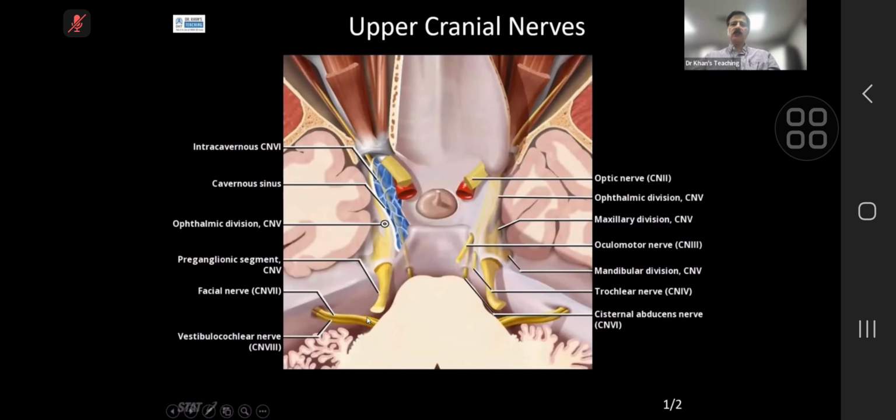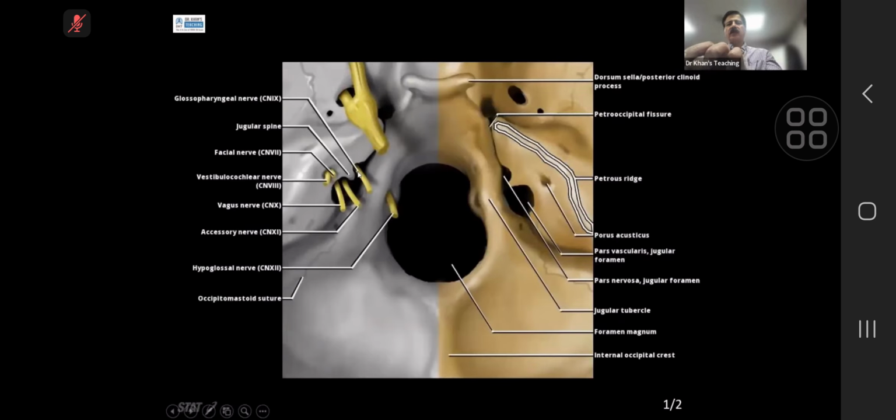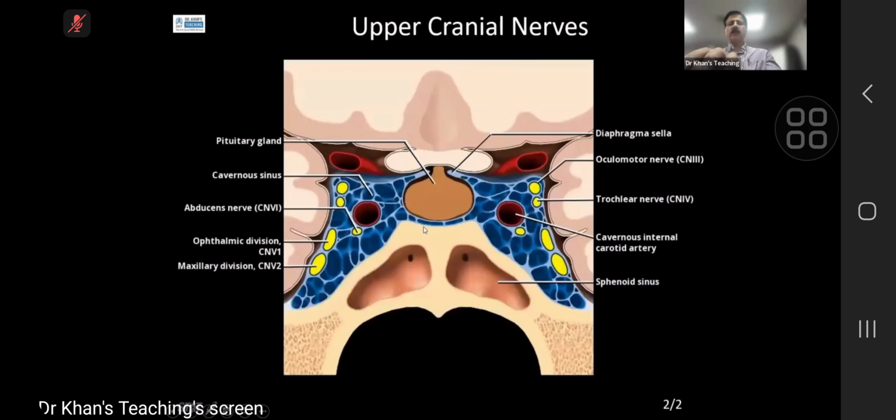Seventh and eighth nerves, they go into the internal auditory canal. And 9, 10, and 11, they go into the jugular foramen. 12th nerve, this is the hypoglossal canal, we'll cover it next time. So these are the nerves of interest today.